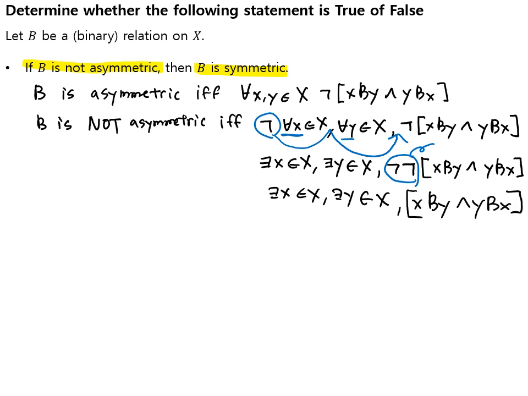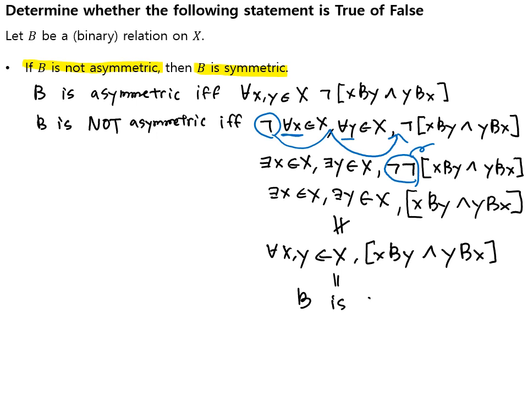And we can see that this is different from the statement that for all x and y in X, x and y are related to each other in both directions, which is the definition of B is symmetric.